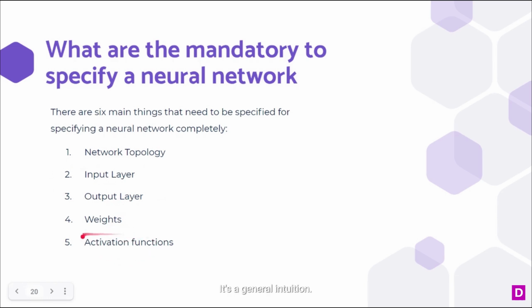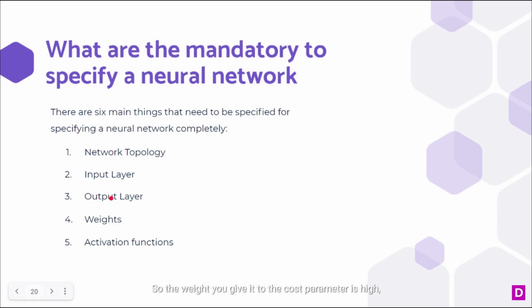That's a general intuition. For example, take the restaurant example: if your major weightage is on cost, then the decision of going to the restaurant will be severely affected by the cost parameter.